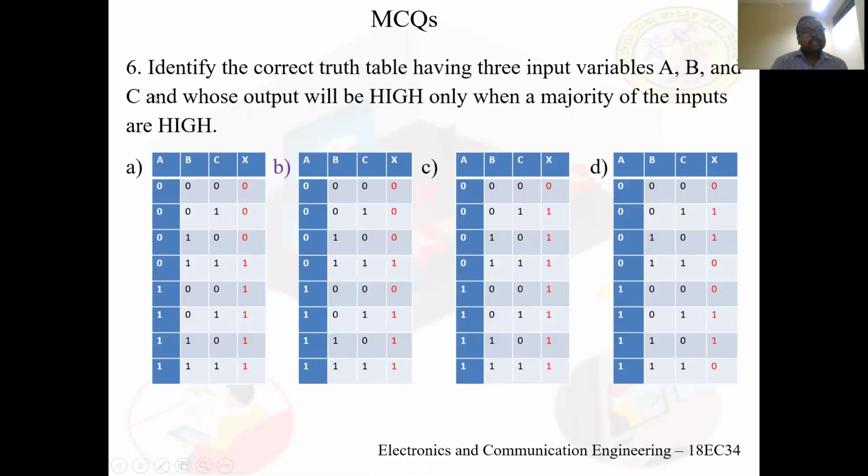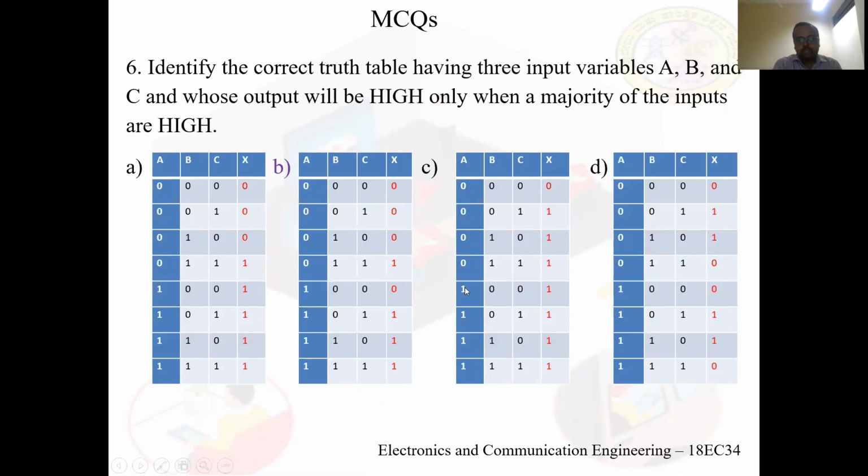The sixth question: identify the correct table having three input variables A, B and C and whose output will be high only when the majority of the inputs are high. Okay, this is similar to example 3. Since it is 3 inputs, what is the majority here? It is 2 or more than 2. When 2 or more than 2 inputs are high, the output is high.